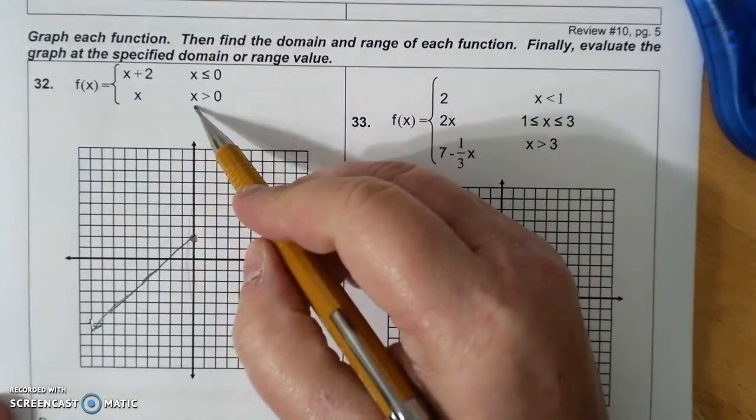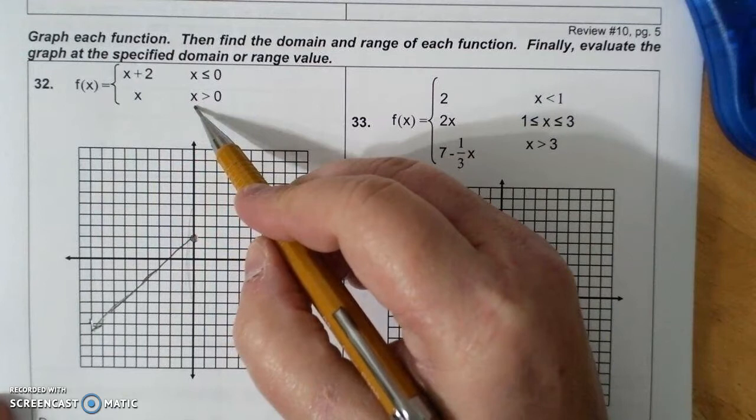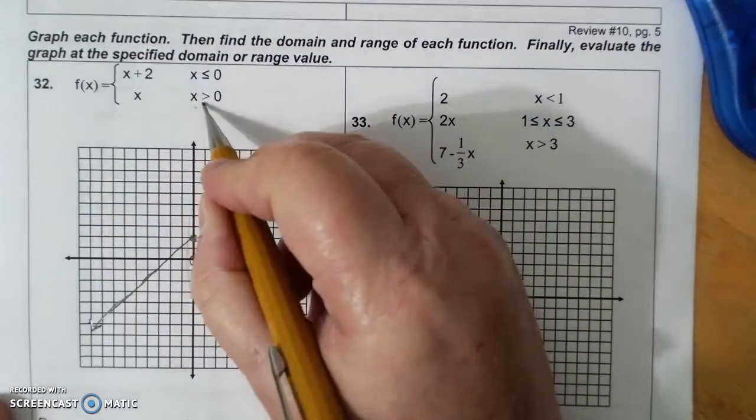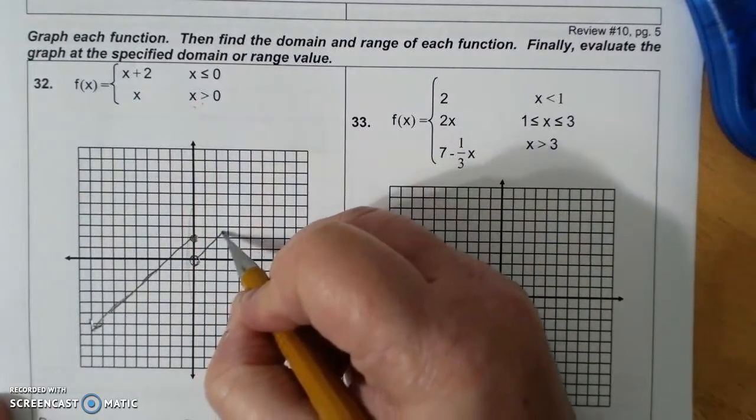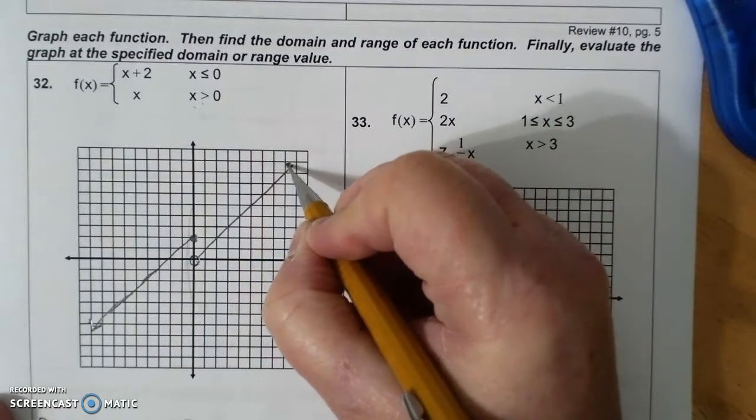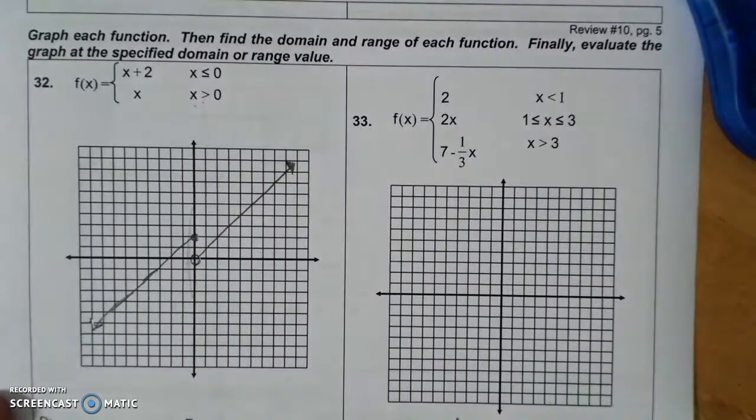Greater than 0, we have x. There's an open dot because there's no line. And here that is. And it's also an arrowhead.